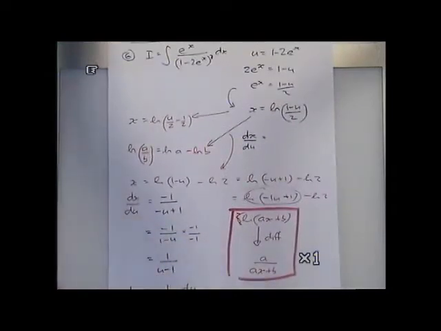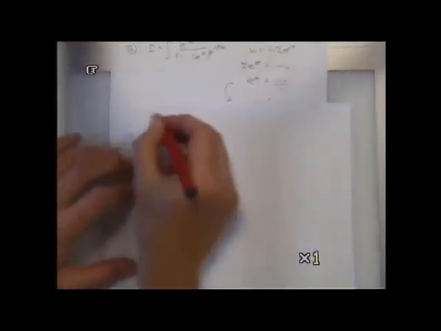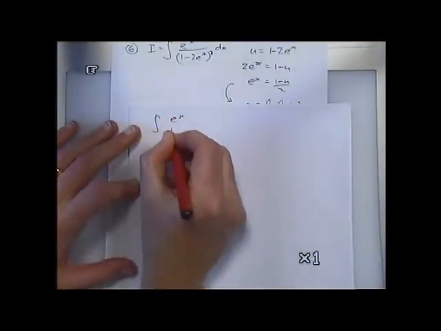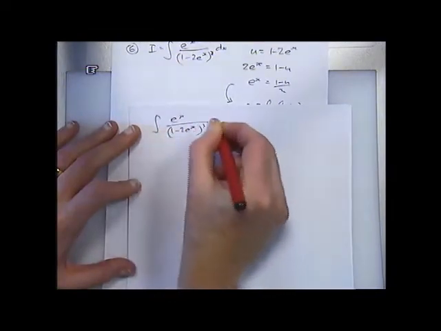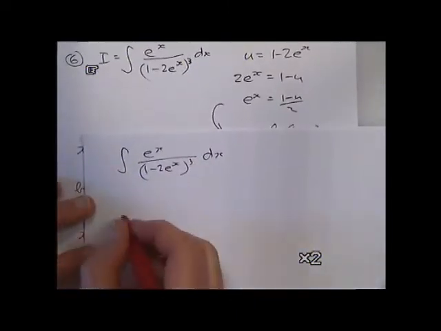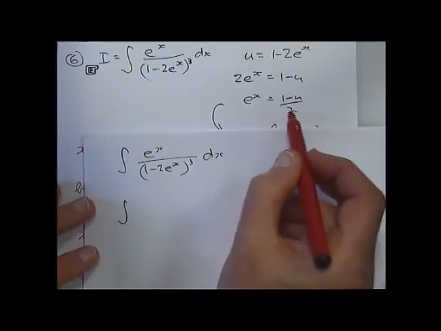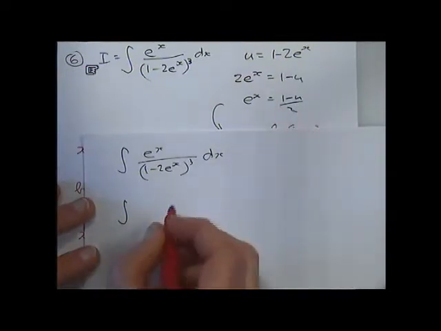We now need to go and stick things in the integration thing. I'm running out a bit of space here, so I'm going to write the original one down at the top of another bit of paper so we can see what's going on. Okay, so there we go. Right, e to the x. We decided e to the x earlier on was 1 minus u over 2.